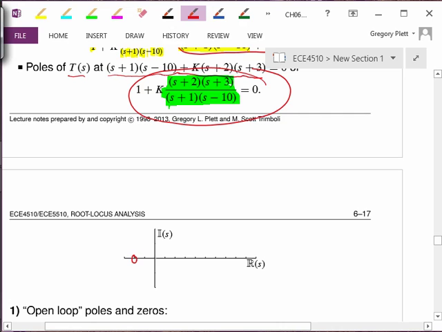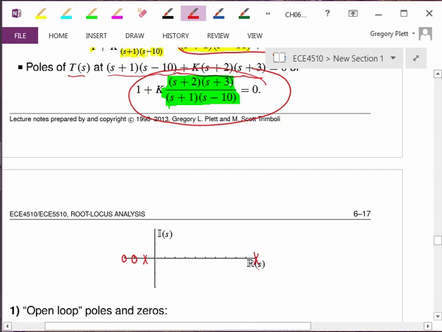We have a 0 at s equals minus 3. We have a pole at s equals minus 1. And we have a pole at s equals plus 10. So it's 1, 2, 3, 4, 5, 6, 7, 8, 9, 10. Right there. That is our starting point.